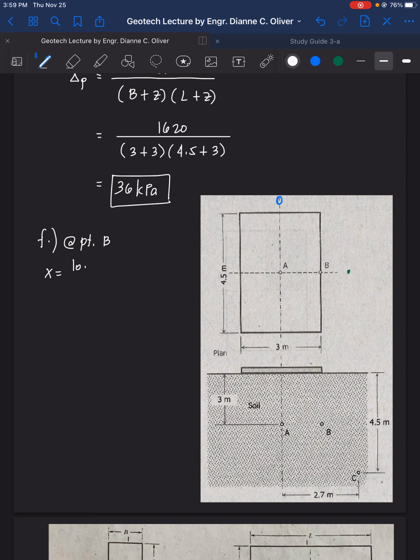To compute for the plot location, at point B, x is equal to the location of B divided by B, or the base.